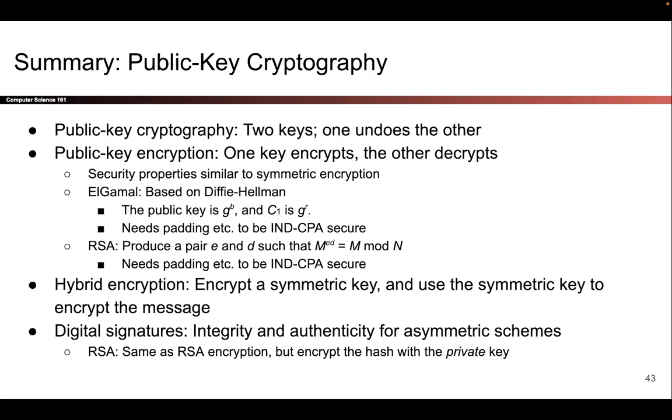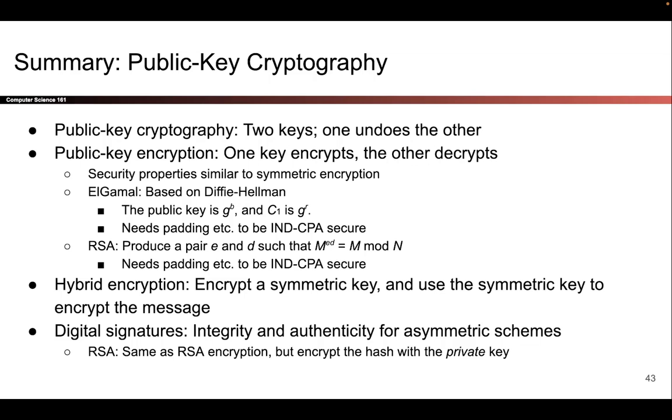We also showed RSA, which is another form of public key encryption, and we proved that it is correct, and we showed that the security of it is based on the fact that factoring large numbers is hard. And remember that the lecture version of El-Gamal and RSA that we showed is not IND-CPA secure by itself. Additional padding, which introduces randomness and other subtle bugs, must be fixed before these schemes are truly IND-CPA secure.